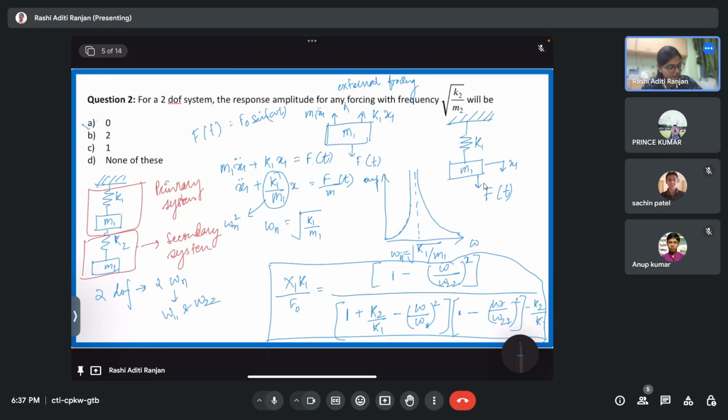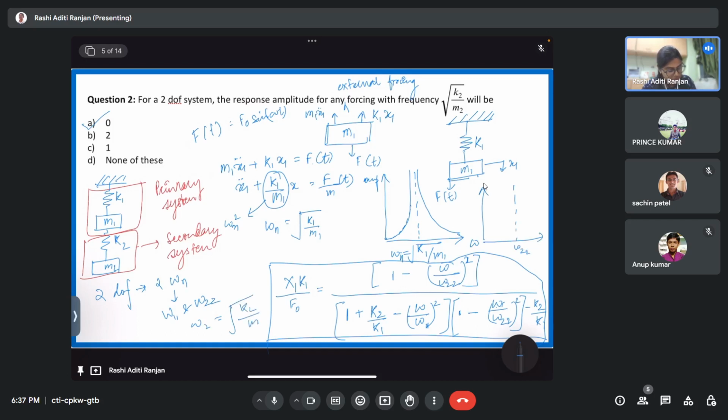Secondly, if I try to plot the new amplitude versus frequency response, it will be something like this. This is omega 11, and this is omega 22.